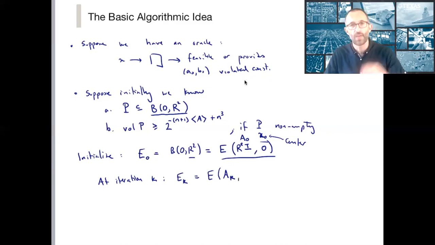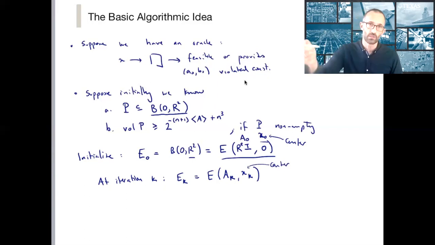So AK has nothing to do with the constraints that define P now. It's just the affine transformation that defines the ellipsoid, with center XK. So at iteration K, we've got our ellipsoid EK that's defined by matrix AK, and this is its center.